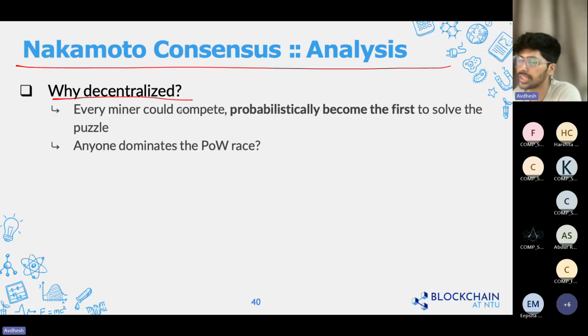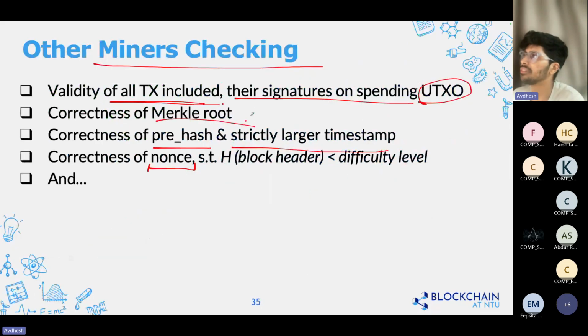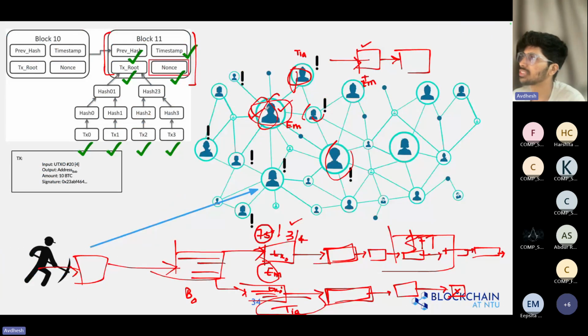So that's why we decentralized it to multiple miners, multiple node operators. And right now every miner could compete. So as you can see, this is something called the network effect. So if he is saying to everyone, hey, I have this transaction, this guy will also say this to him. So there's a bit of network effect that's happening around here.